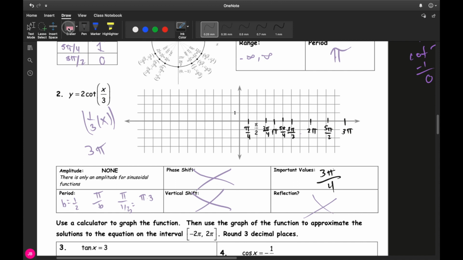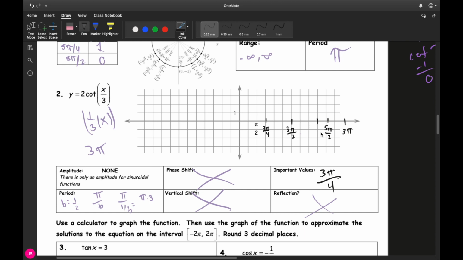So you know what I'm going to do? I'm actually going to go ahead and erase everything that we don't need. So we're not going to need that. We're not going to need that. We are going to need that one, 3 pi over 2. And notice how it's every 1, 2, 3, 1, 2, 3, 1, 2, 3. So we're going to need this one right here. We're not going to need 2 pi. We are going to need 1, 2, 3.